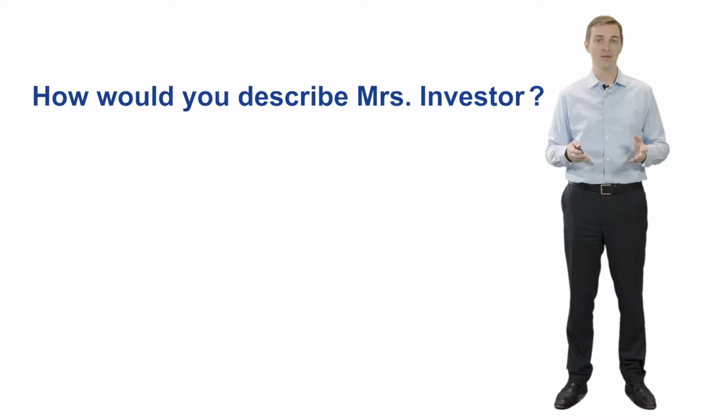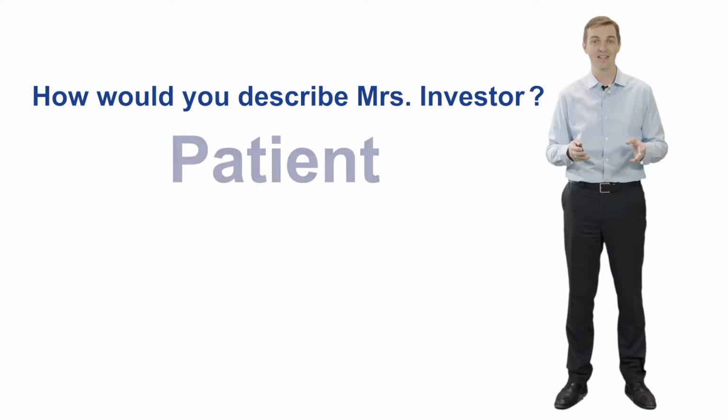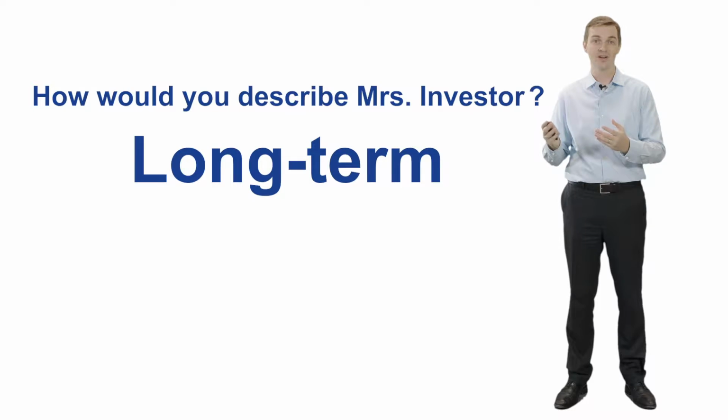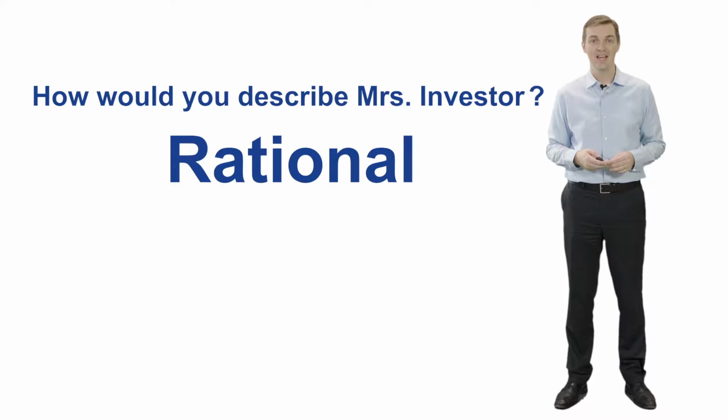How would you describe Mrs. Investor? I think we would describe her as patient, long-term, rational, and these are the traits that we would hope that we develop as young investors in line with our 7 golden rules.